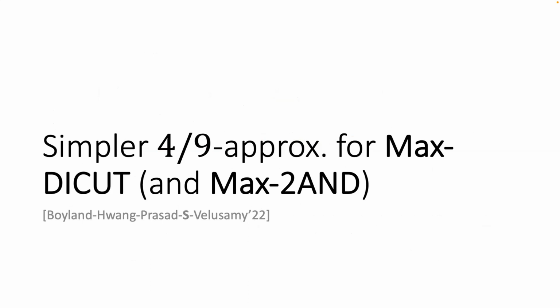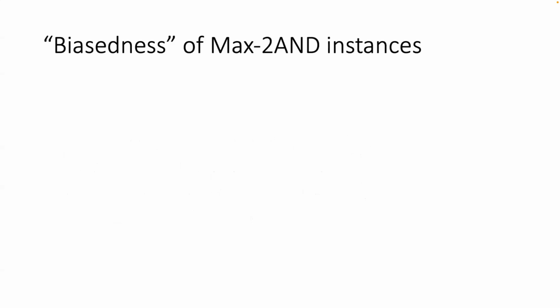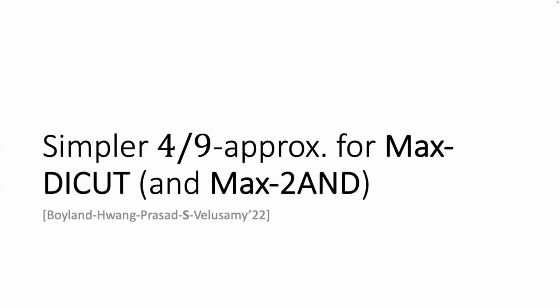And in max 2 and, we also allow x and y and not x and not y. It's convenient to think of it as a super class of problems. Instead of caring about satisfying as many constraints as you can, you care about falsifying as few constraints as you can.